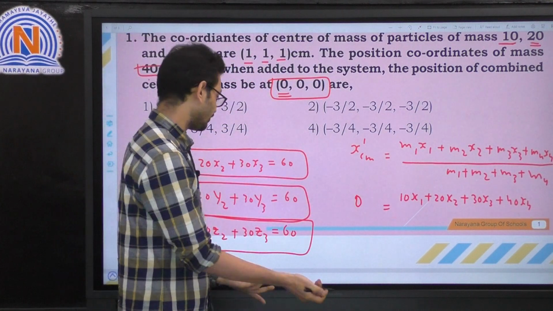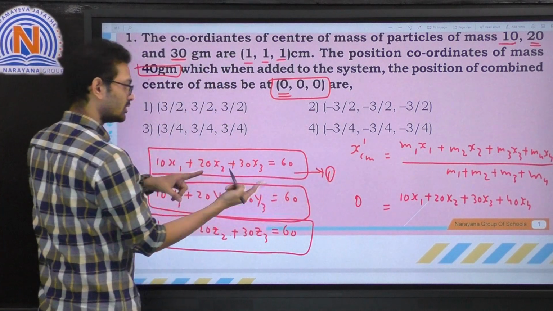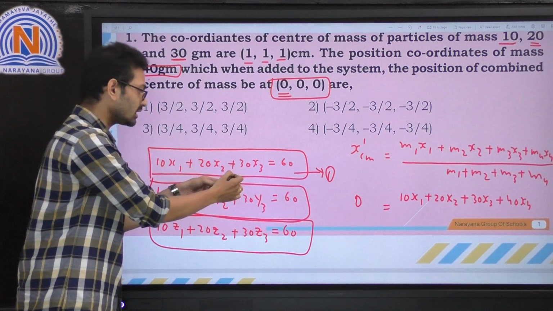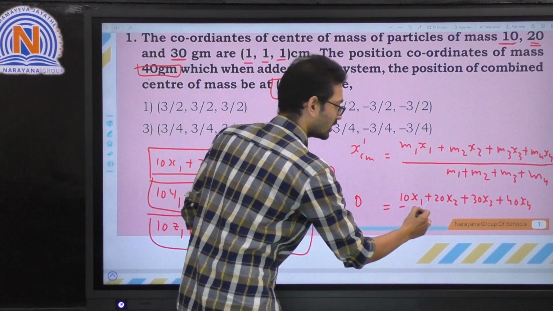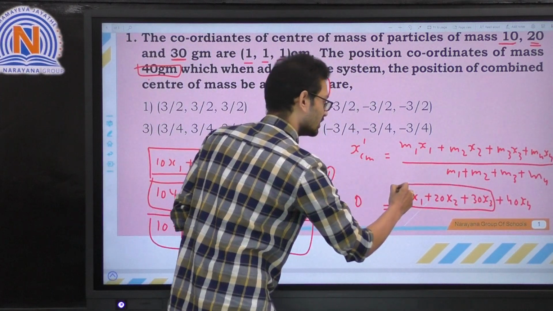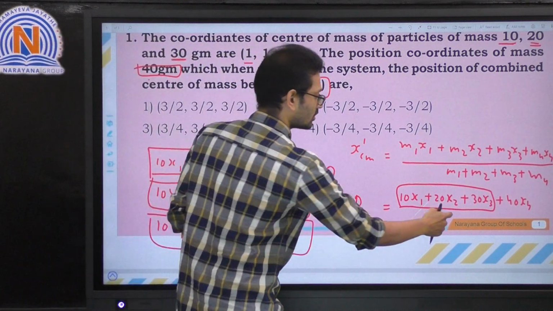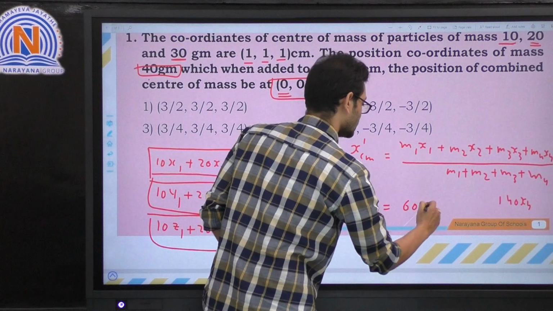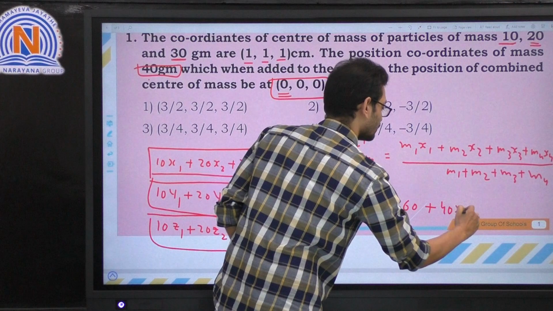Now substitute. From this particular equation 1, you can observe 10x1 plus 20x2 plus 30x3 is equal to 60. So instead of writing this complete set of terms, I'll write it as 60. So when I write this whole thing as 60, I'm going to get 60 plus 40 x4.